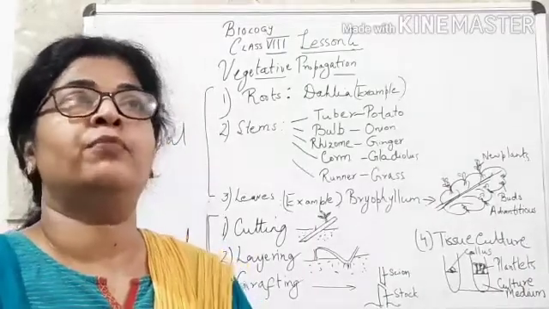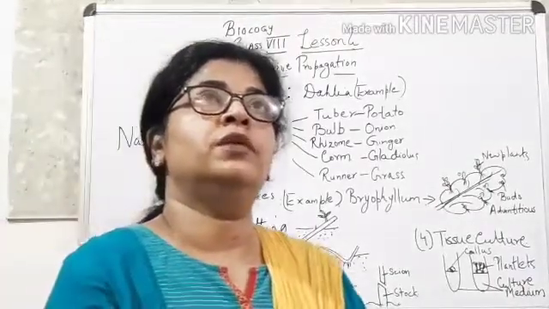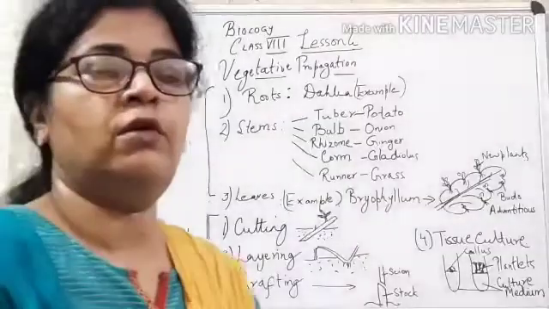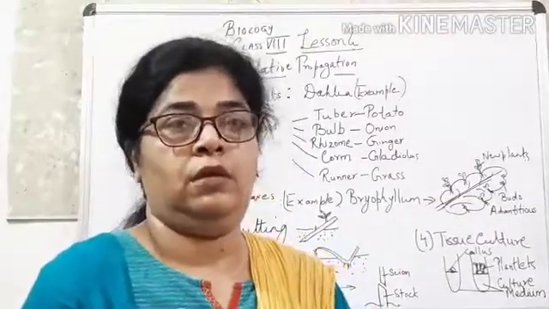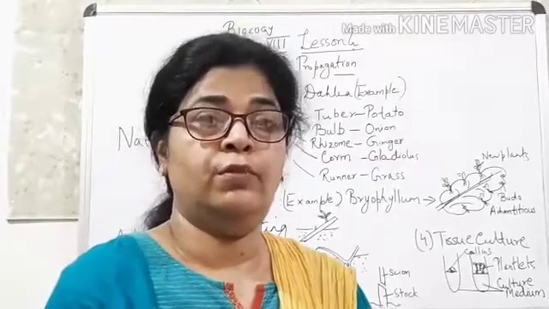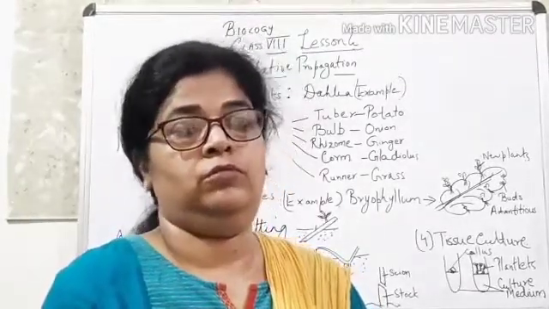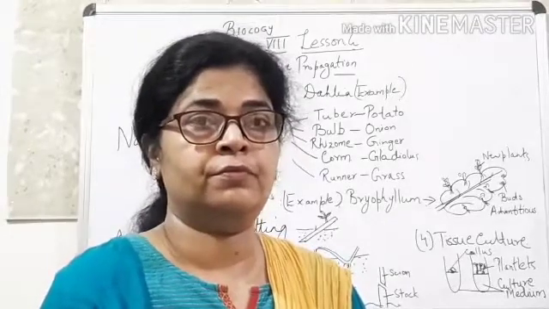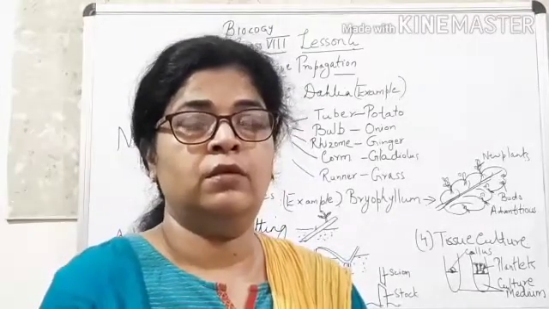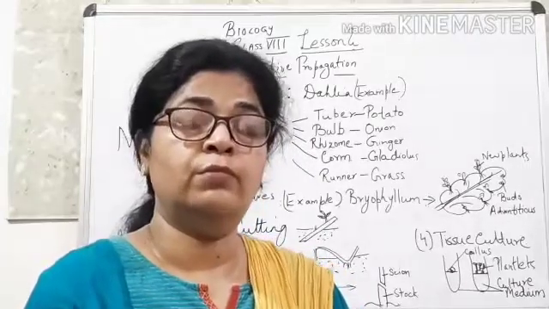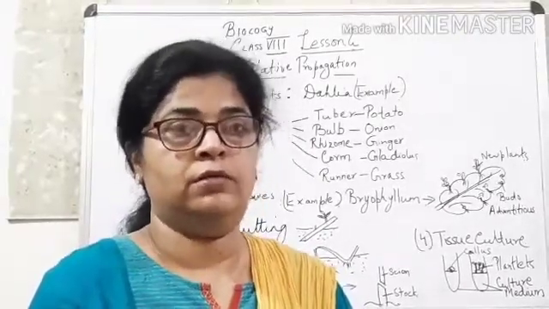Now, vegetative propagation as such is a very advantageous method of reproduction. Vegetative propagation is a most important method of reproduction used by plant growers or farmers. Why? Because here there is a quick multiplication of plants.